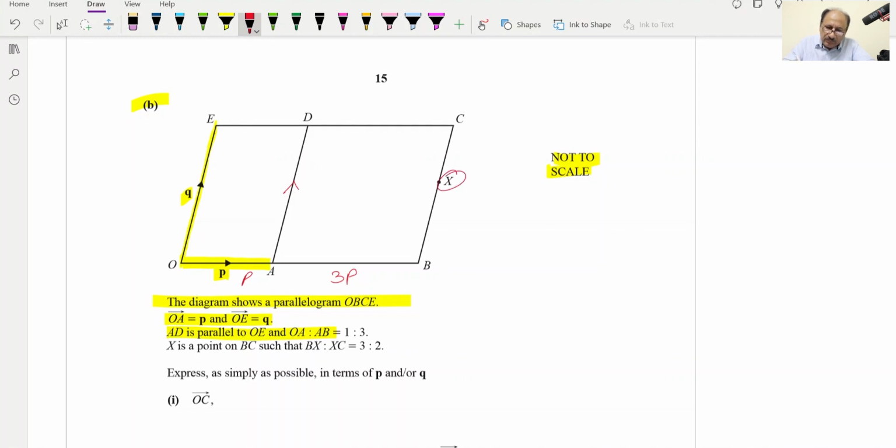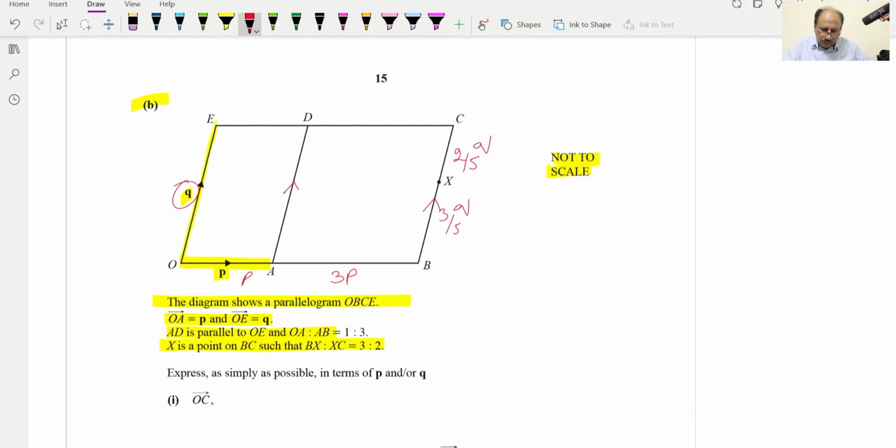This is X point on BC such that BX ratio XC is 3:2. So this is 3 parts and this is 2 parts, and the total will be 5, so 3 by 5, and this will be 2 by 5. And if we take this direction, this side is Q, so this will be 3 by 5 of Q, this will be 2 by 5 of Q.